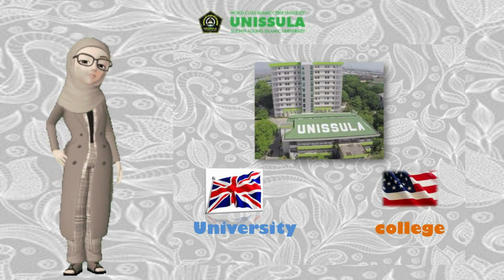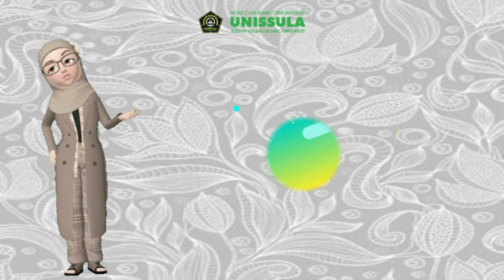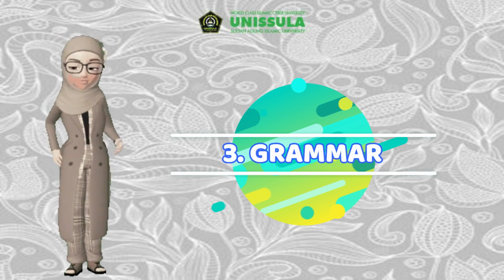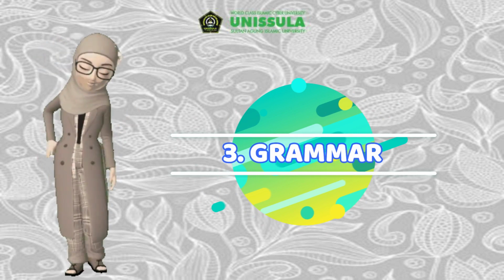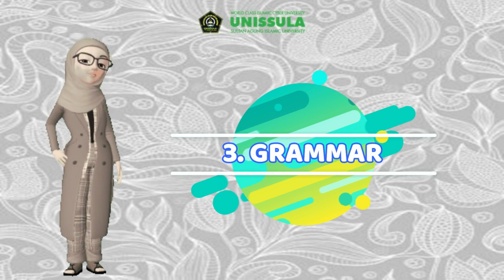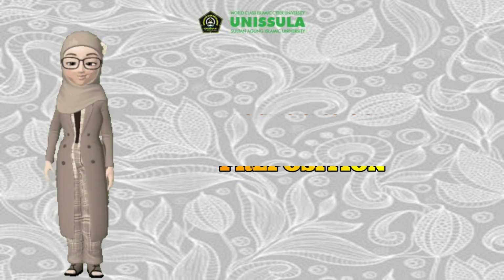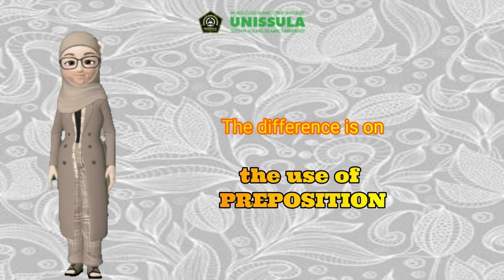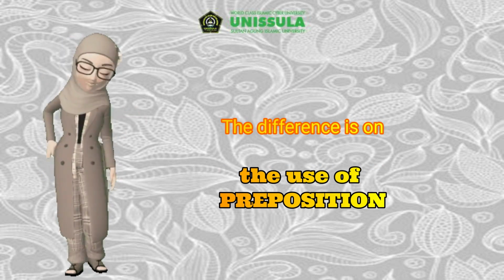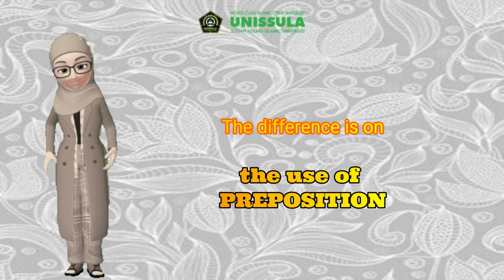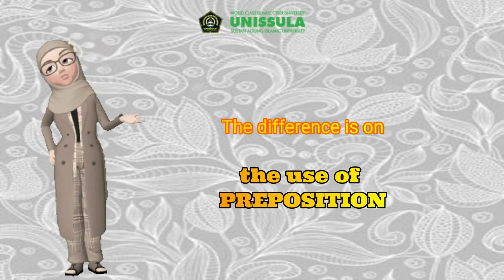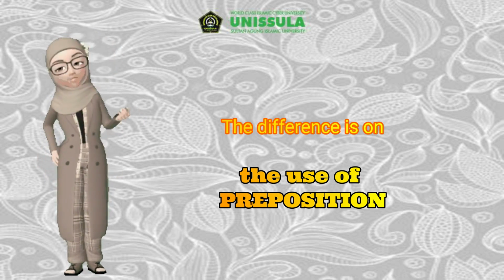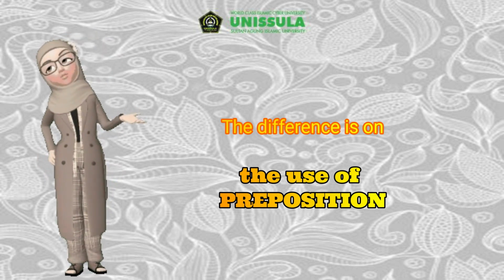Okay, and now we come to the third difference, which is on grammar. When we talk about the differences in grammar, there are some differences in prepositions between American English and British English. I will give you an example of a sentence in American and a sentence in British English, which use a different preposition.